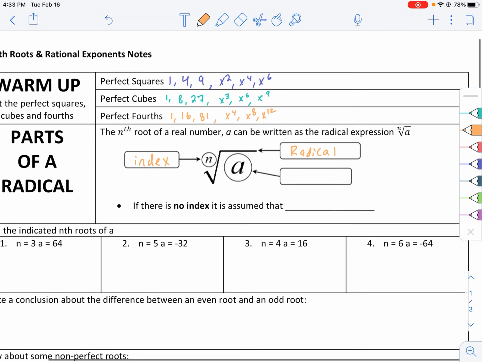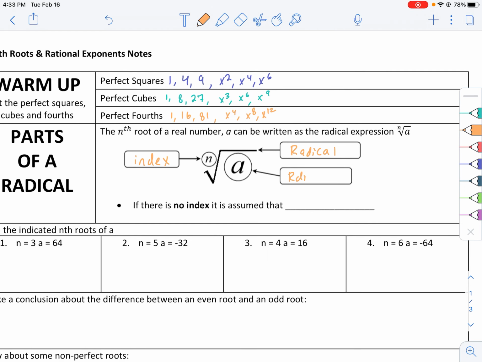And then a value on the inside, that's called the radicand. If there is no index, so say there isn't a number right here, then it's assumed that we're talking about a square root. And specifically, the index is just 2.